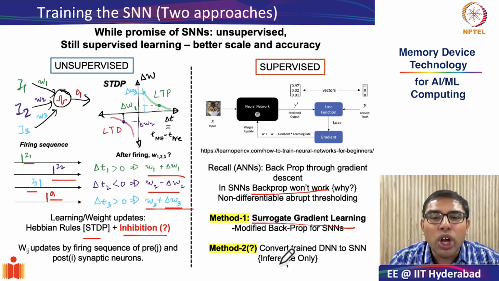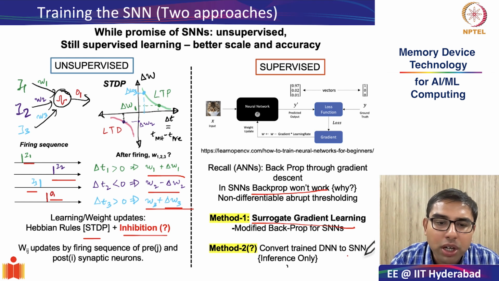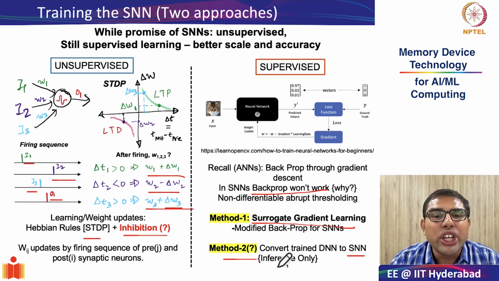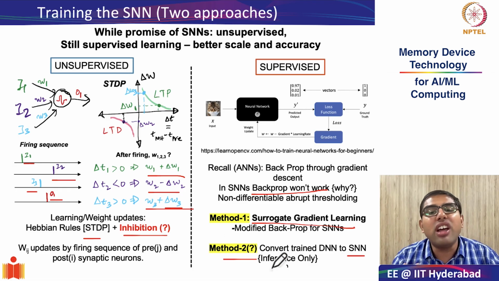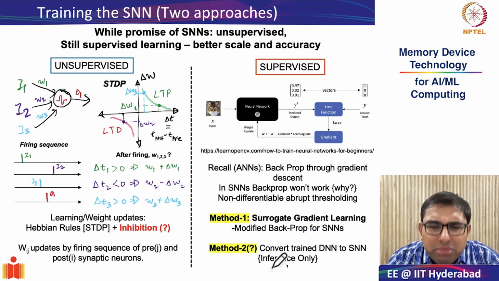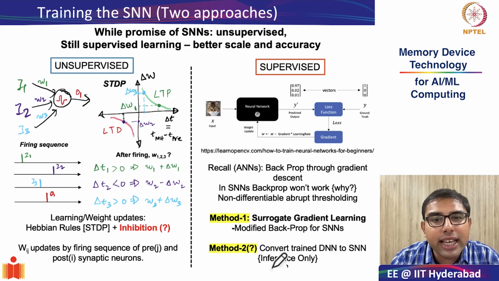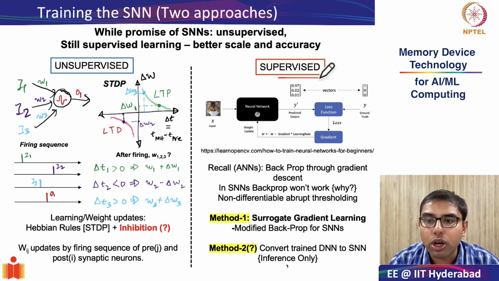Now this is not really learning per se, but it is also a way to expand the scope of spiking neural networks, although this method you can only use for inference-based tasks. Only a trained deep neural network can be converted into a spiking neural network. So it may not be classically very correct to say that it is a form of supervised learning, but nonetheless, I hope you get the flavor or the idea.